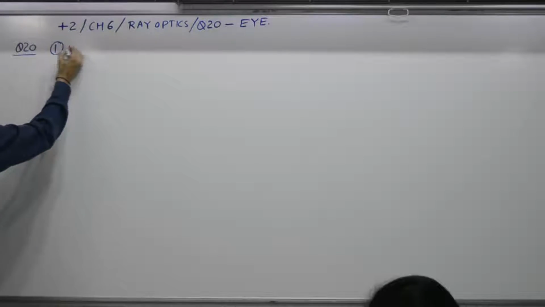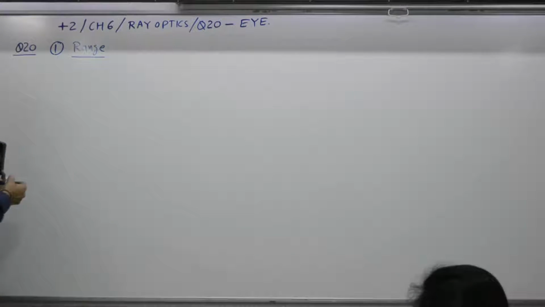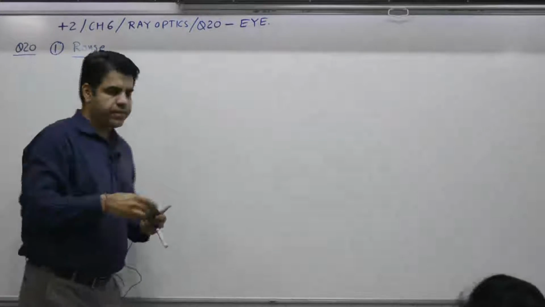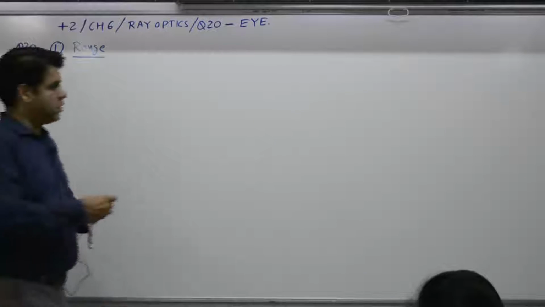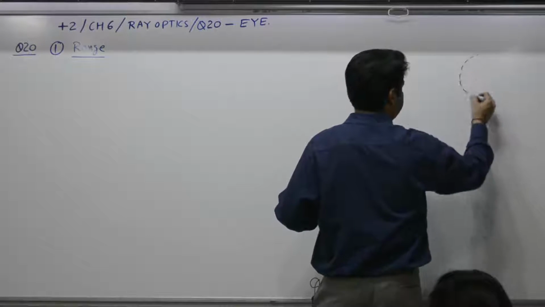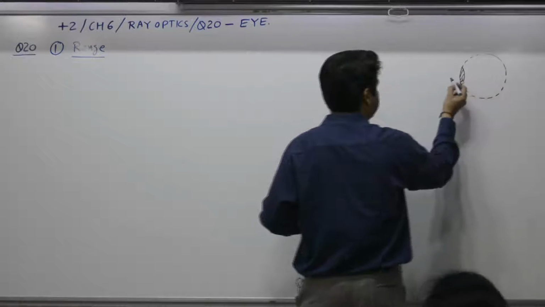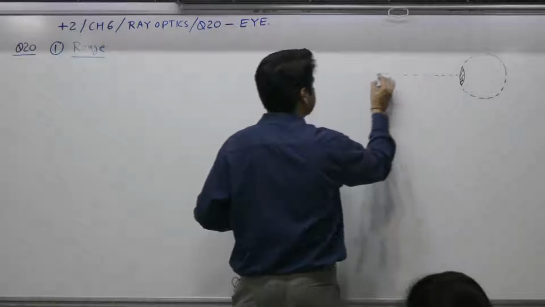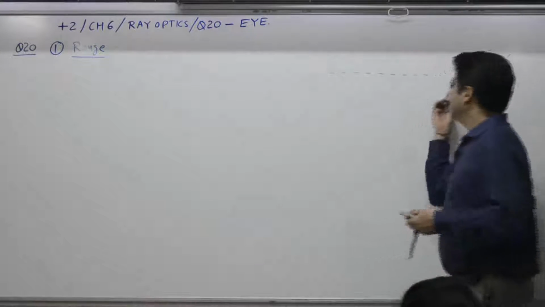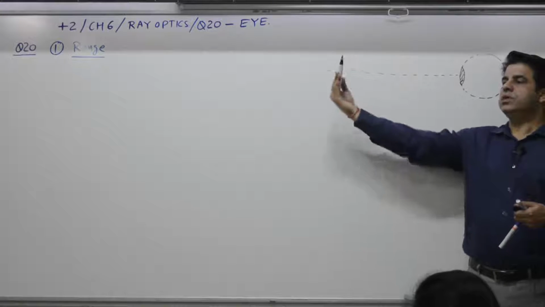Point number 1 is range. Range for what? Normal eye. A normal eye can see an object clearly from 25 centimeter to infinity.